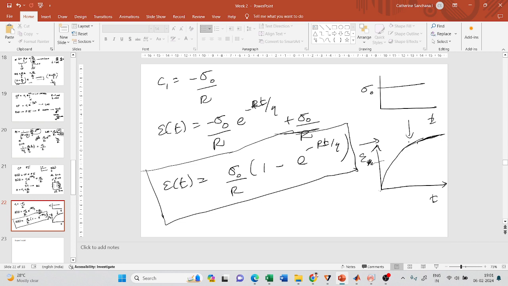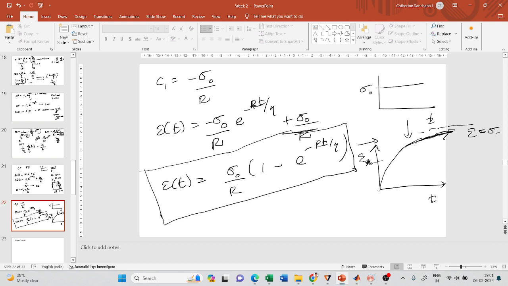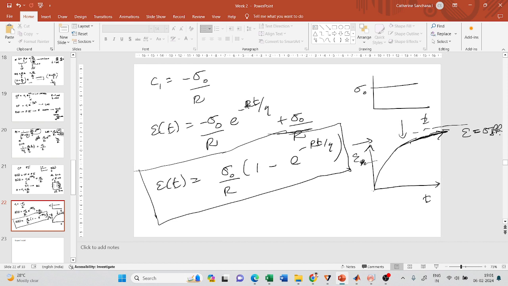If you see, it will approach an asymptotic value, and this asymptotic value is nothing but the deformation due to a spring into R. So this is what a Kelvin model response will look like.